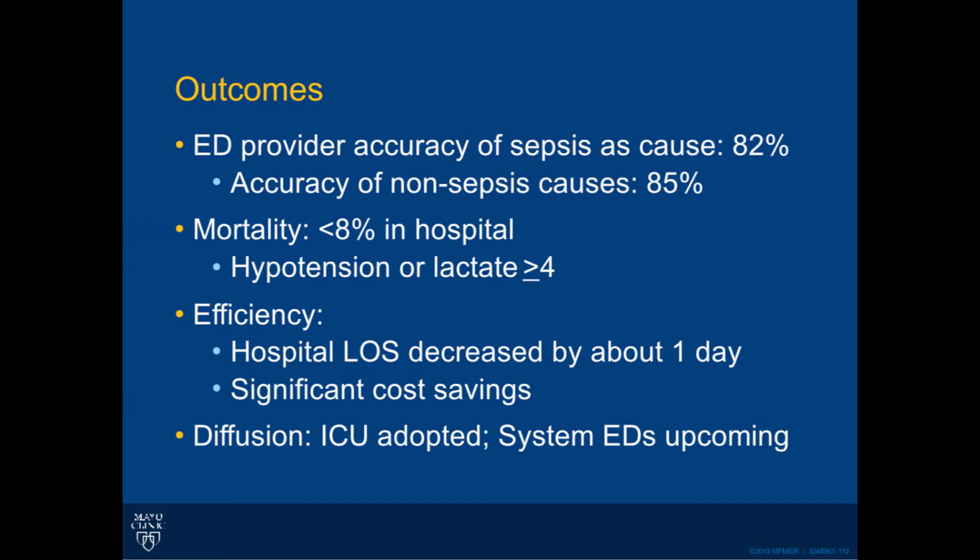Our ICU has now adopted this system. They've gotten rid of their screening algorithm, which was probably the best one available, and they've gone to the same idea of a multi-use shock trigger. And all of the 23 Mayo Clinic Health System EDs are implementing this in various ways, which starts in 2.5 weeks in northwest Wisconsin.